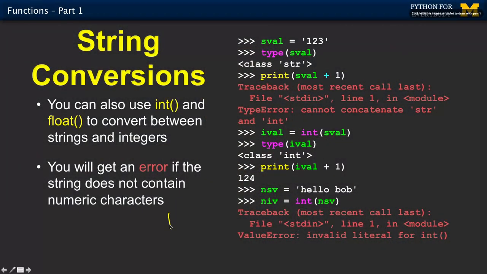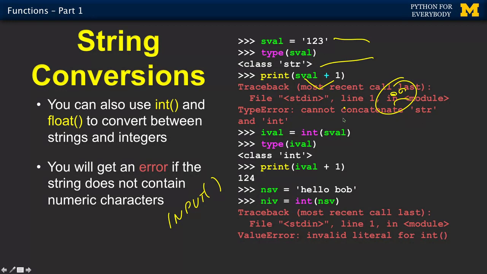String conversions as well. We have been using int and float to do things like read things in, because input is a function, but it always gives us back a string. We might want to use this as a number. So the string 123 is not the same as 123. That is a string, and if we do something crazy like add 1 to it, boom, we get a traceback, because we can't concatenate a string and an integer, just because they're the wrong type.